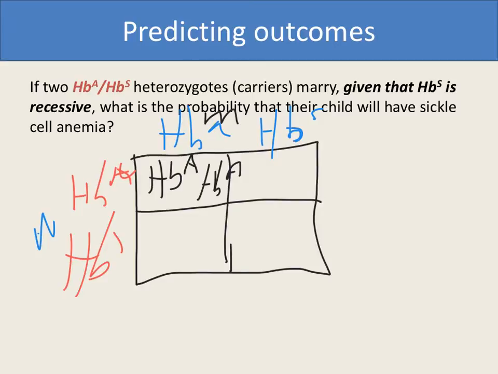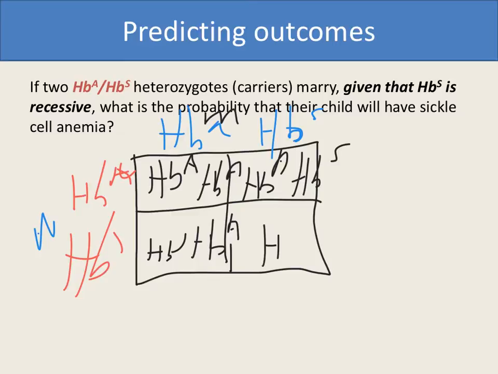This is HBS over here, so we have HBA, HBS. Here we have HBS, HBA, and here we have HBS, HBS.